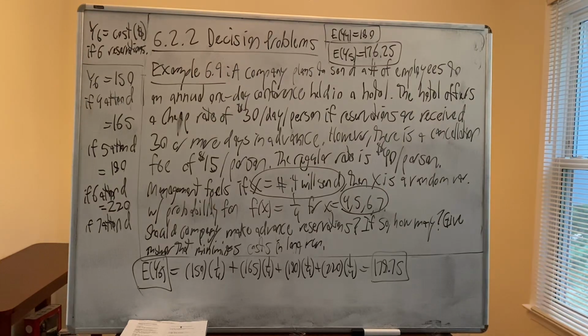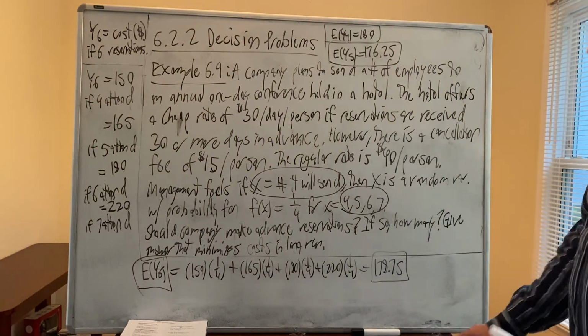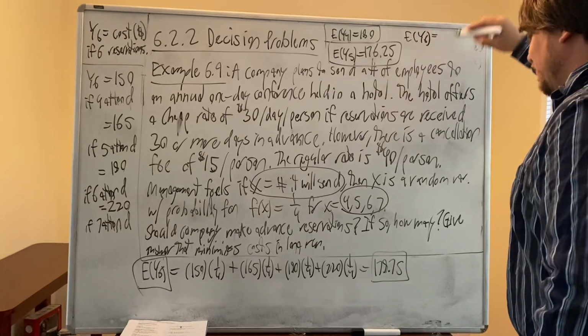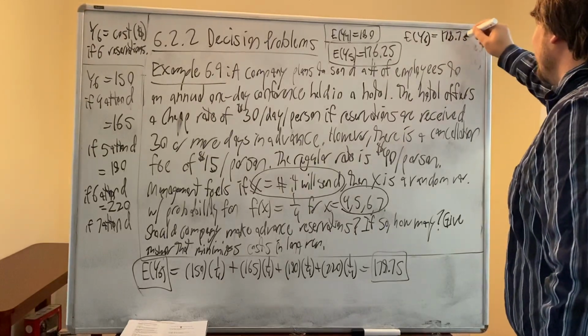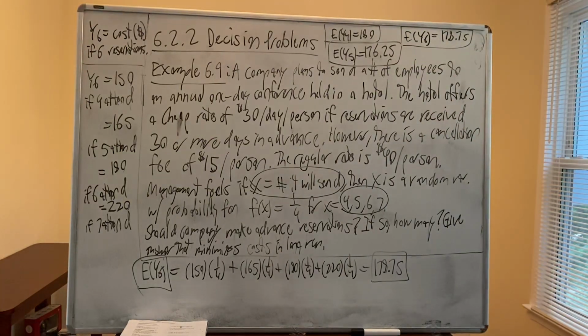So E of y sub 6 is the expected value of that random variable, which is 178.75.